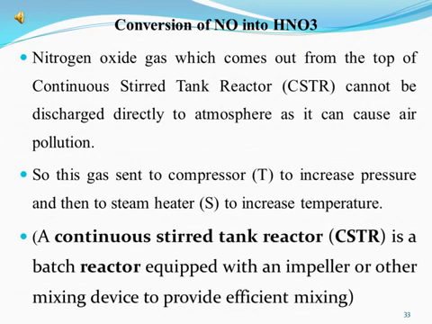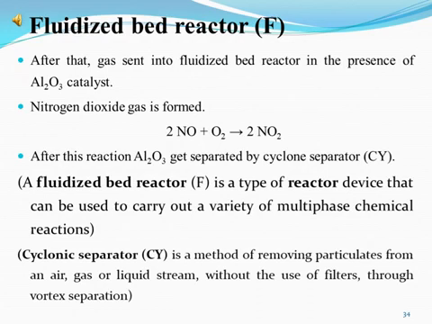So this gas is sent to compressor T to increase pressure, and then to steam heater S to increase temperature. After that, the gas is sent into fluidized bed reactor F in the presence of aluminum oxide Al2O3 catalyst.